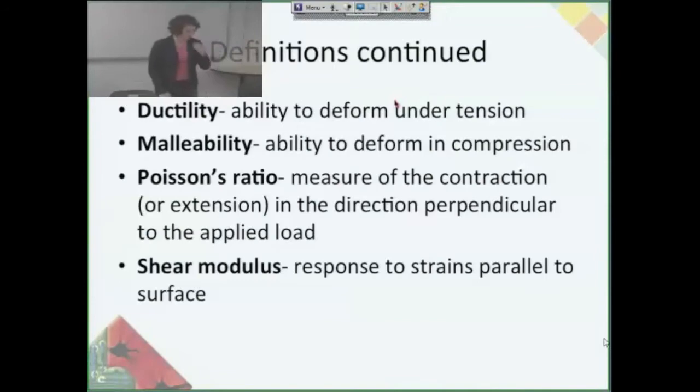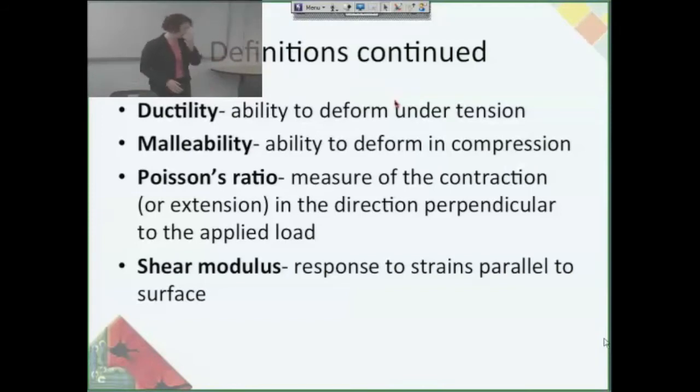Some more definitions. Ductility: metals are ductile and malleable, which means that you can deform them under tension or compression respectively, which is useful because if you're trying to forge it into a certain shape, you need to be able to do that. Poisson's ratio is useful, especially for a biomaterial, because if it's going to be changing too much inside the body, then you need to be aware of how it's going to change.